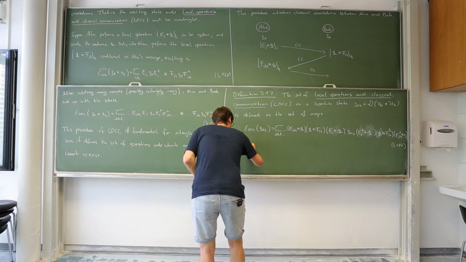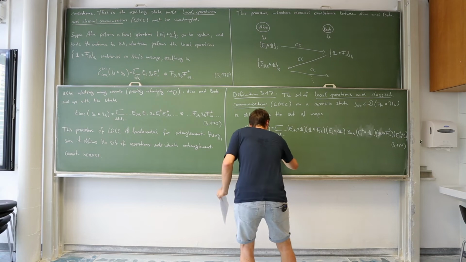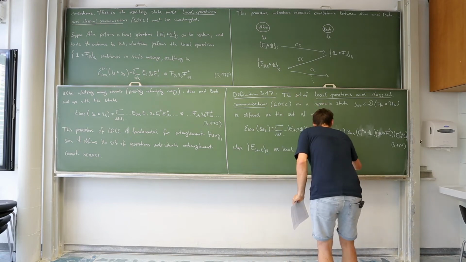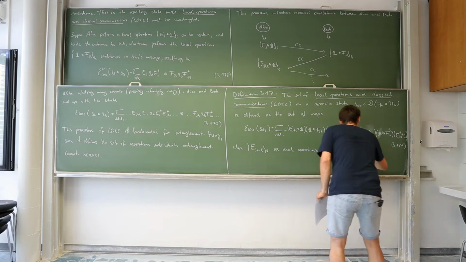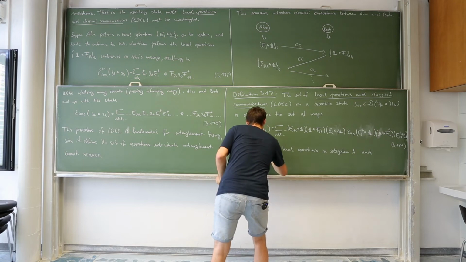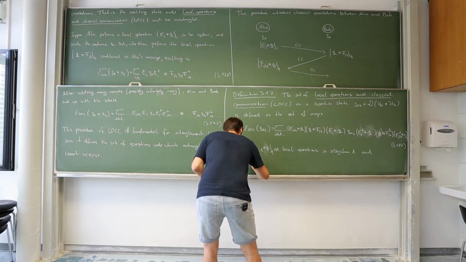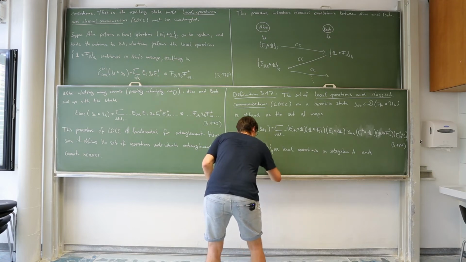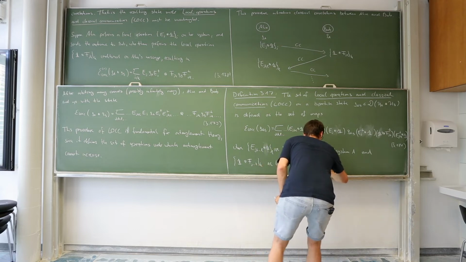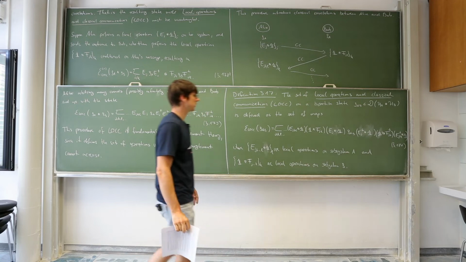So where E_JKL are local operations on subsystem A, and identity tensor F_JK are local operations on subsystem B. Okay, so this is now the formal definition of LOCC.